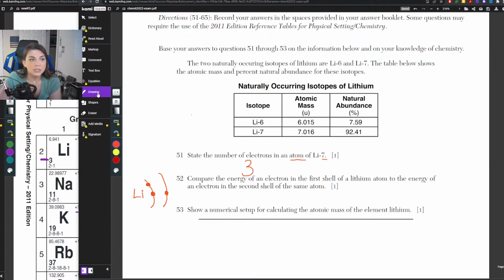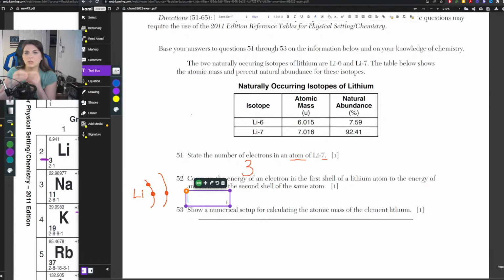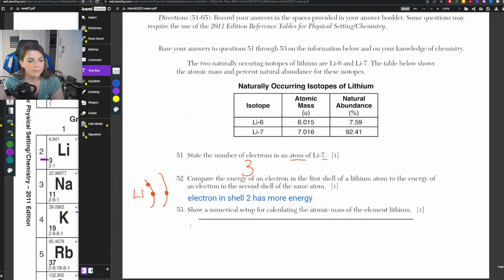And that's because it's not restricted by the attraction of the nucleus, because it's further away. Think of magnets. Far away, less attraction. Boom. That's it. Sorry about that. The electron in shell 2 has more energy. Period. End of discussion. Stop writing. Keep it simple.